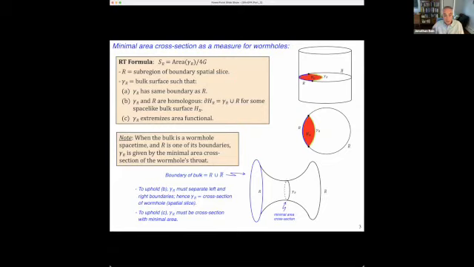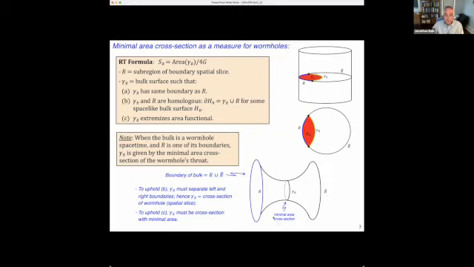And if gamma sub R is not a cross section of the wormhole here, then the union of gamma R and R will not form a closed boundary of some bulk surface. So to uphold B, in this particular case, gamma sub R must be a cross section of the spatial slice. And to uphold C, it must be the minimal area cross section.